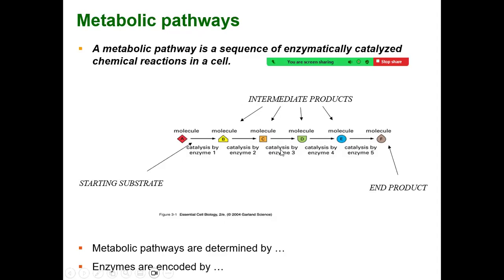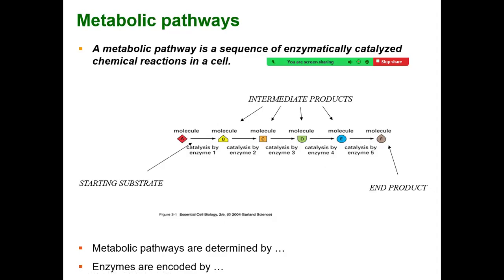And then you have enzymatic reaction 3, which happens by enzyme 3, converting molecule C to molecule D, and enzymatic reaction 4, happening by enzyme 4, converting molecule D to molecule E, and then enzymatic reaction 5, converting molecule E to molecule F. Molecule F is the last product of this metabolic pathway. So we call molecule F the end product of the metabolic pathway.